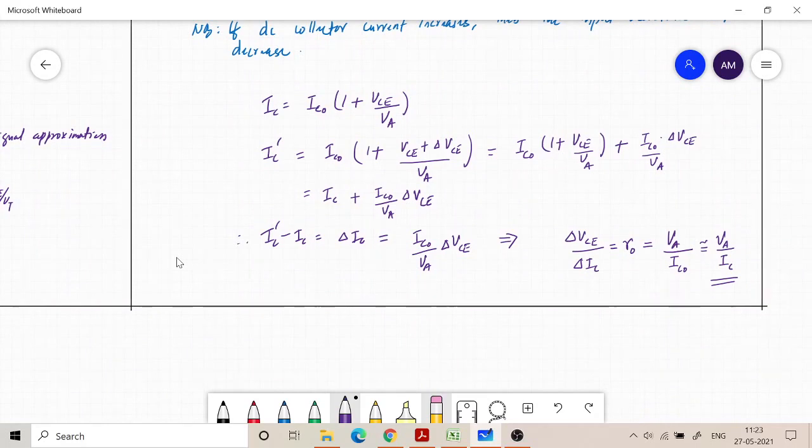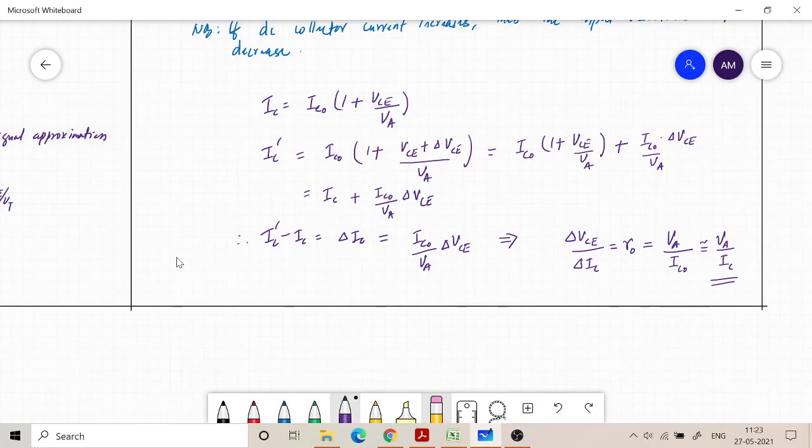What we are seeing is that the output resistance for small signal variation of delta VCE is going to depend upon the early voltage and the collector current operating point. Usually IC is a weak function of VCE, and therefore this approximation, the last step here, doesn't make much error.